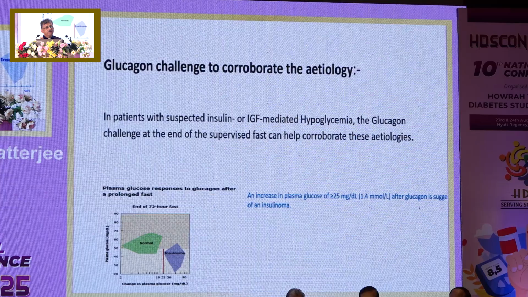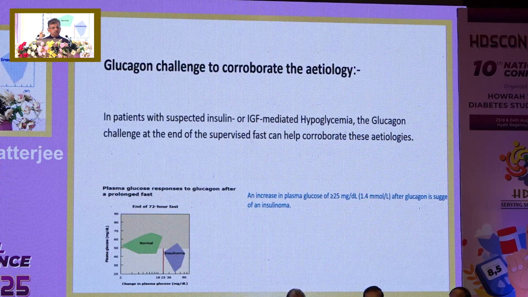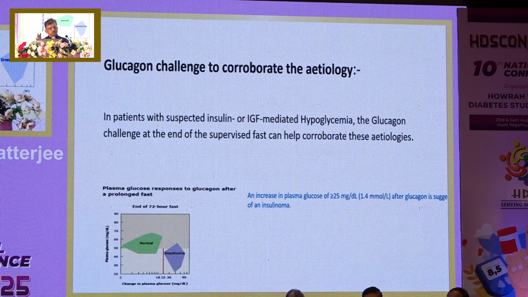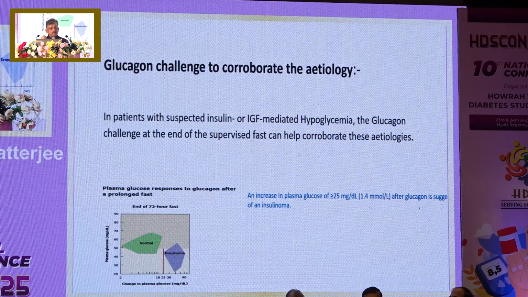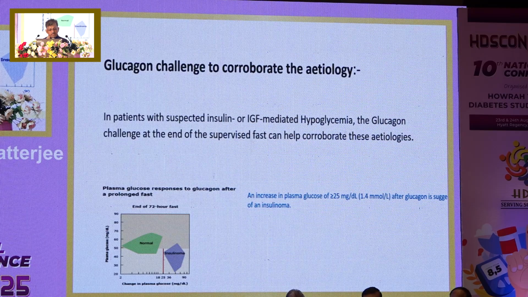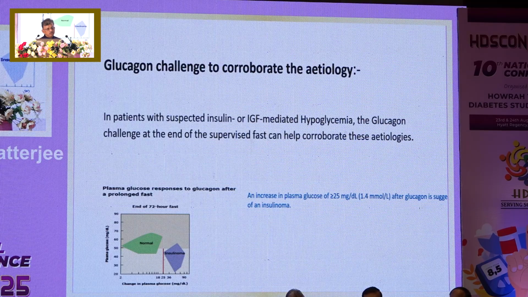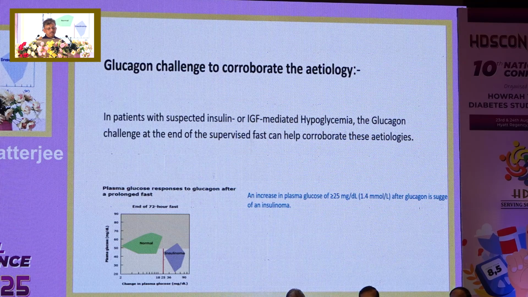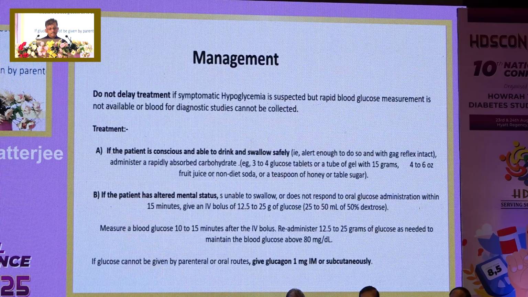If you give a glucagon injection to an otherwise hypoglycemic patient to identify whether the patient has insulinoma or not, there is at least a 25 milligram increase of glucose within the next 5 minutes in case of insulinoma compared to a normal person. The reason is that in insulinoma, glucagon will cause further secretion of insulin and increases blood glucose level due to gluconeogenesis.